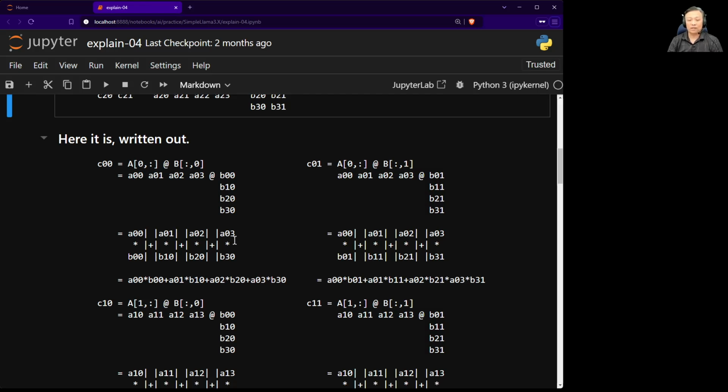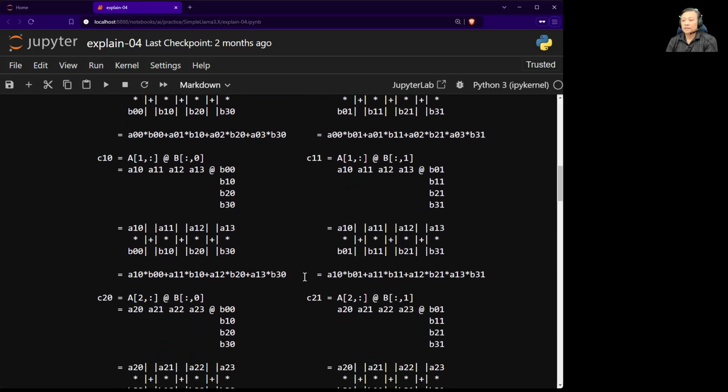So how do we go about it? Let's take a look at cell C00 and cell C01. Okay. Notice that the value A00 only occurs at these 2 locations.